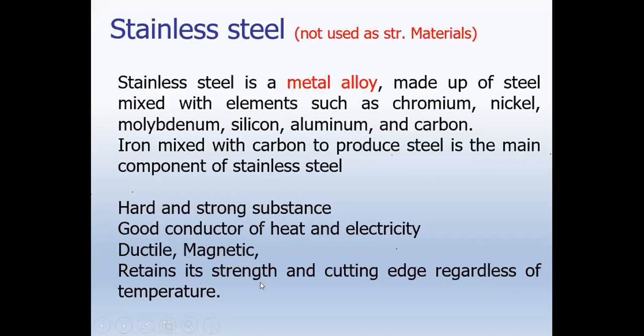It retains its strength and cutting edge regardless of the temperature. So stainless steel is one of the strong steels, but it is not used for structural materials because it is very, very expensive compared to the mild steel.